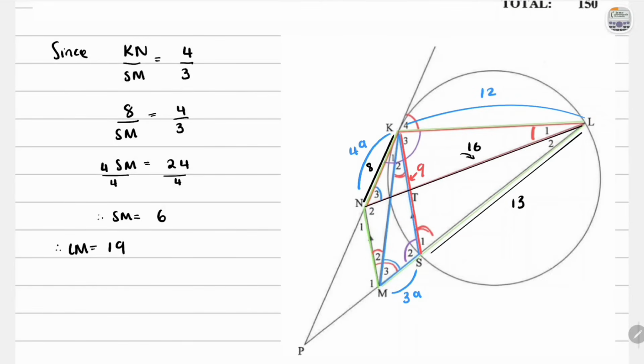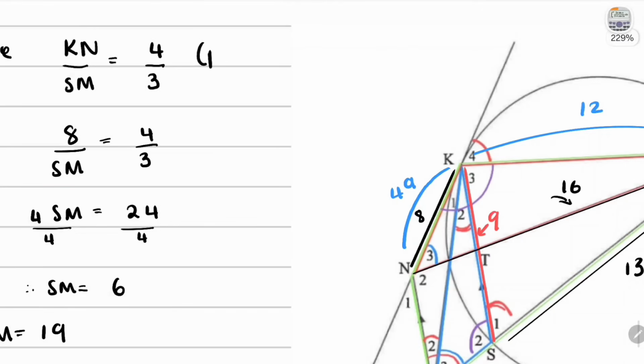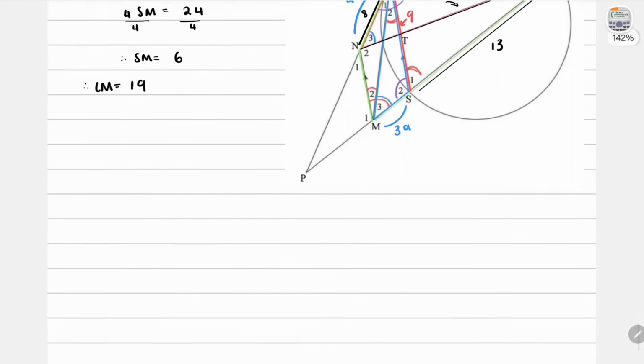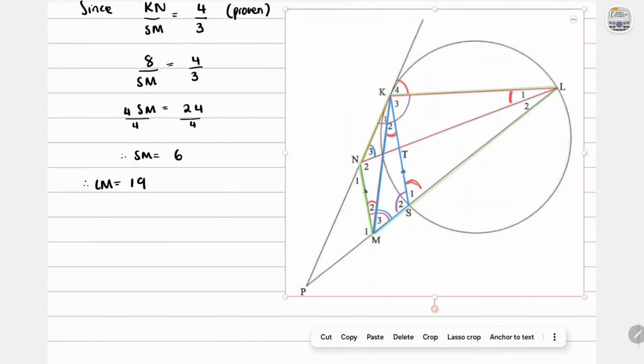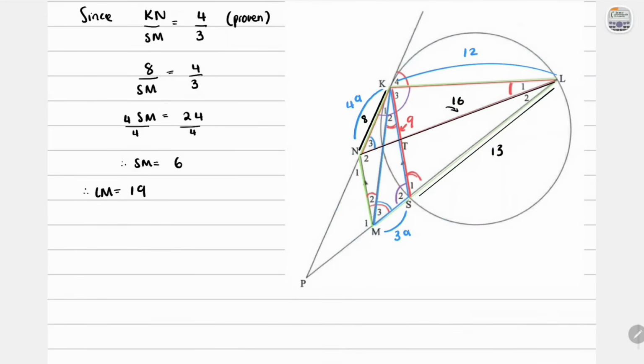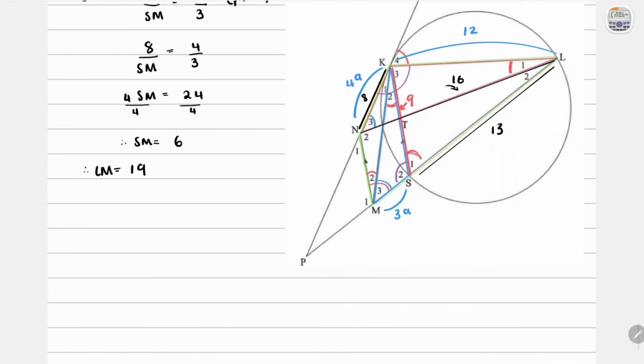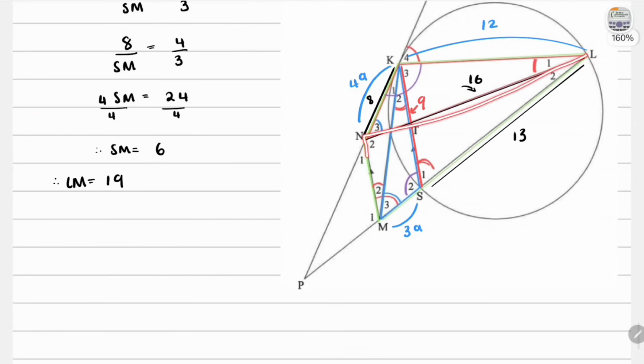The only reason we would write this here is that it was proven in the previous question, so we'll just keep that there. Now let's use the proportionality theorem on this. Using this triangle, we take LT over LN, and this is equal to LS over LM. The reason for this is the proportionality theorem.